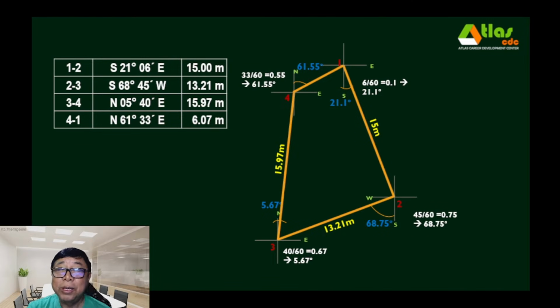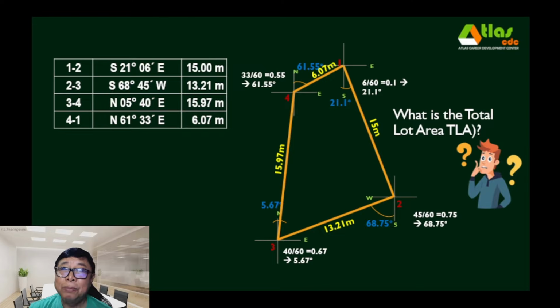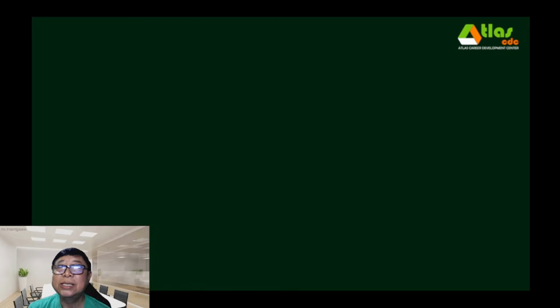So with this irregular lot, how do we determine the total lot area? We can make use of the geometry method, but that will be a very long method to do. A better option is to make use of what you call the DMD method. And what is a DMD?